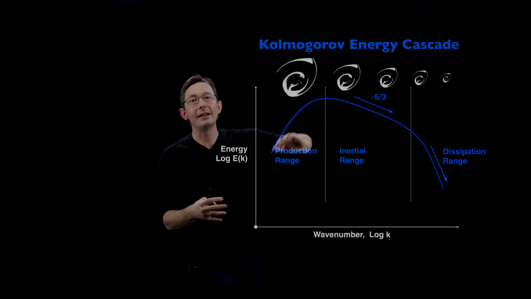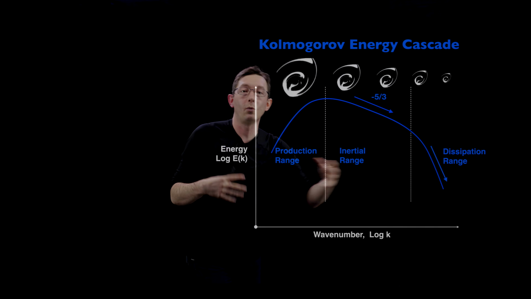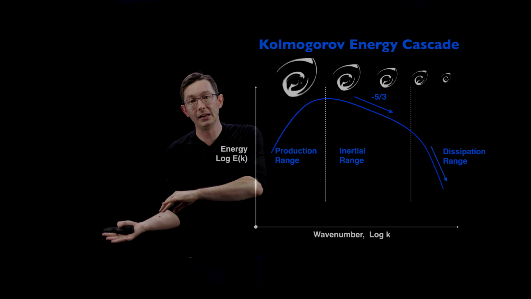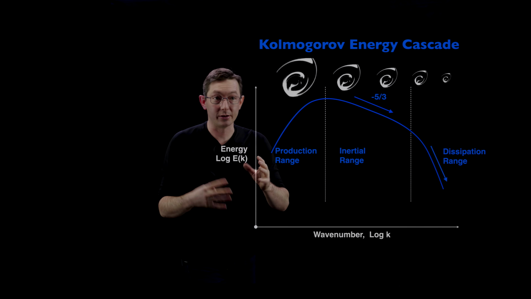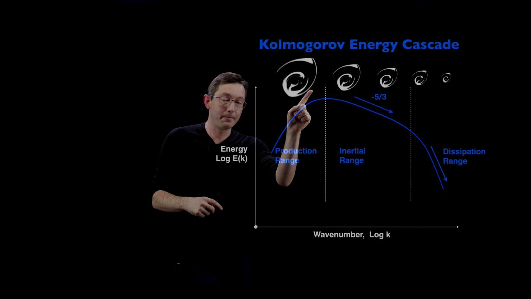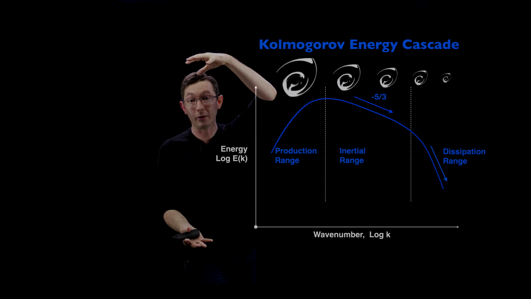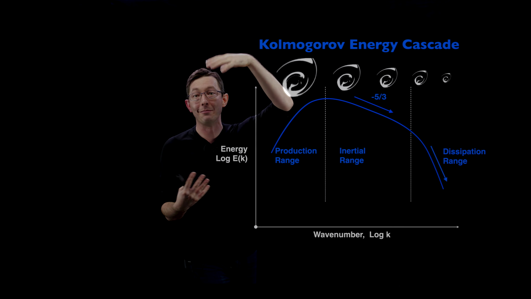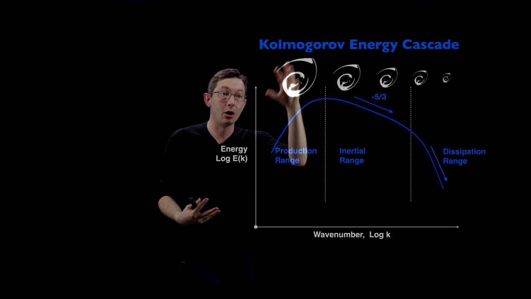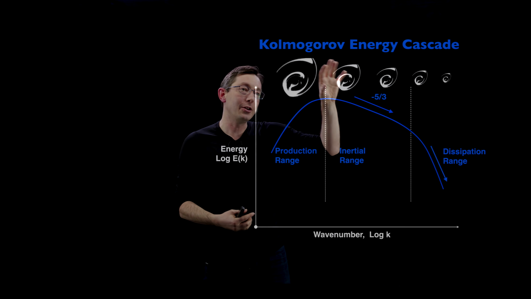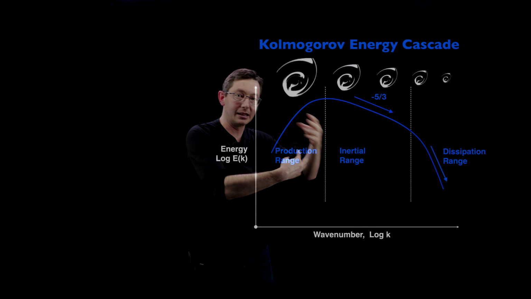You have all of these different regions where energy transfers from big scales to small scales and medium scales and so on. There's energy transfer. In the production range, as I said, turbulent fluctuations are produced from shears in the bulk flow, in the mean flow. That happens here. These large structures are pumping energy into the turbulence. And then you have these turbulent vortices splitting and splitting and splitting.